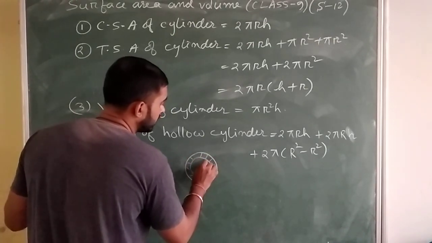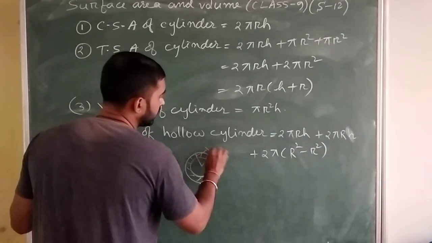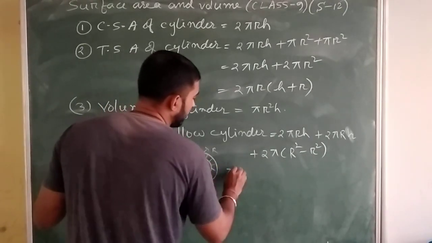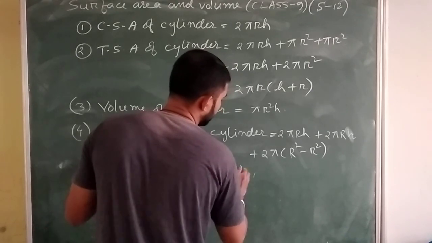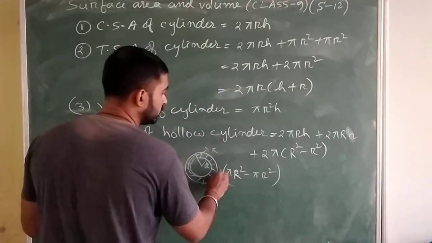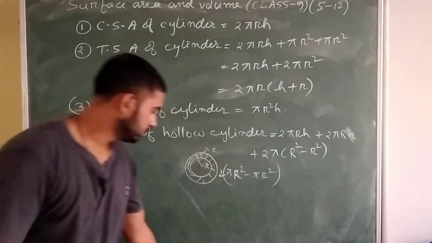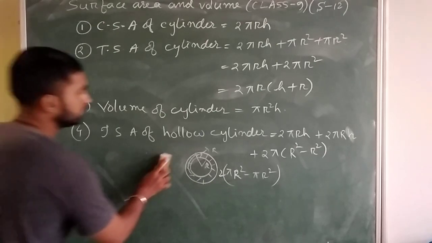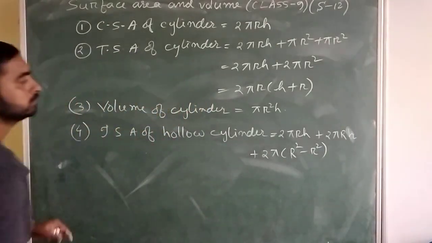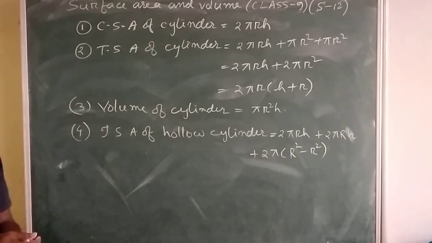This radius is r and this is capital R. So the area of this portion equals pi R square minus pi r square, and there are two faces. That's it: 2 pi (R square minus r square). This is the total surface area of a hollow cylinder. Yes.